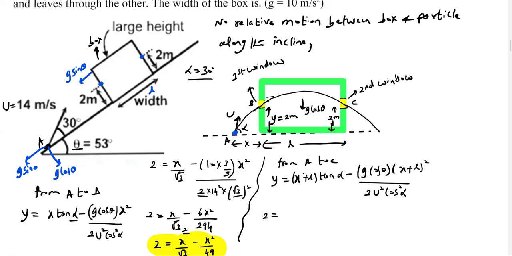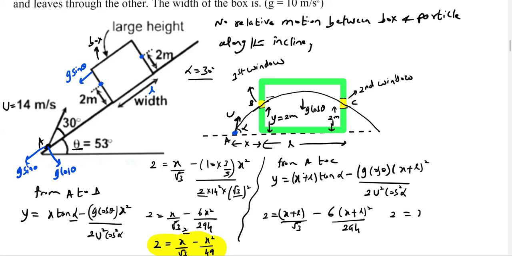So y will be 2. x we don't know, L we don't know, by root 3 minus g cos theta. This everything, g cos theta, will be 6, and 2u square cos square alpha, this everything will become 294.